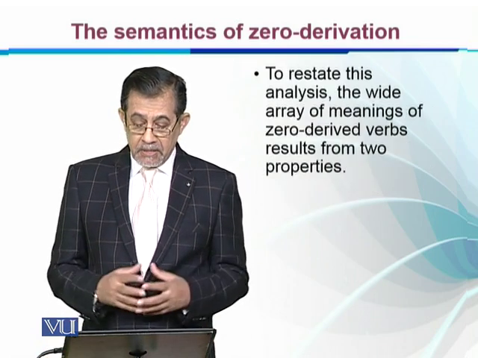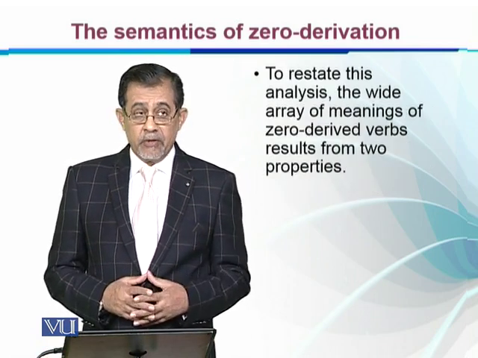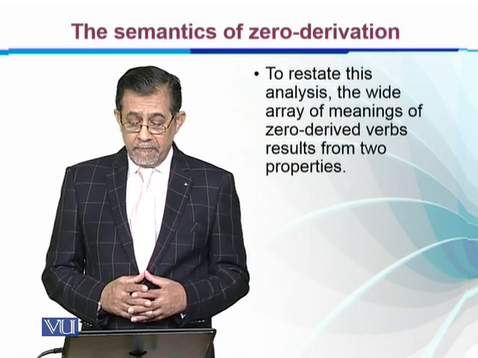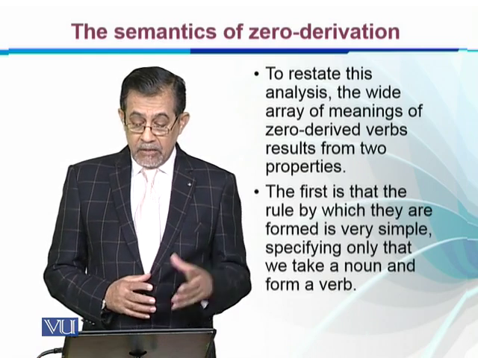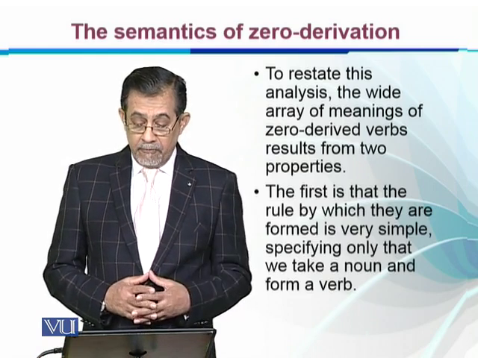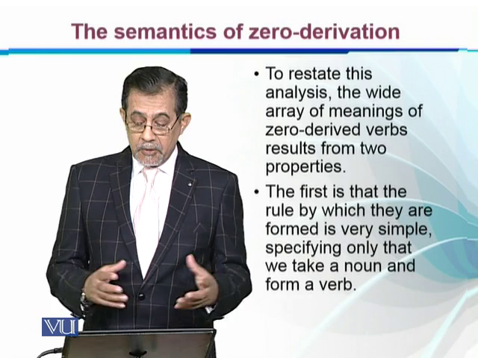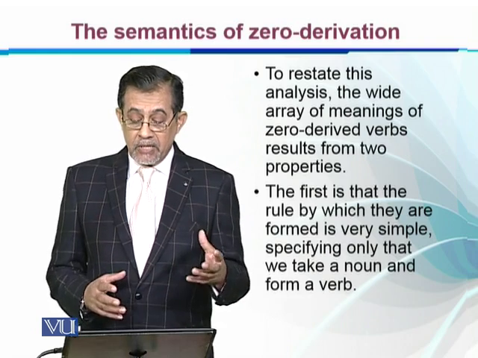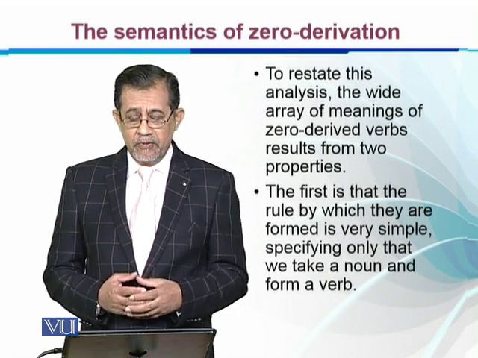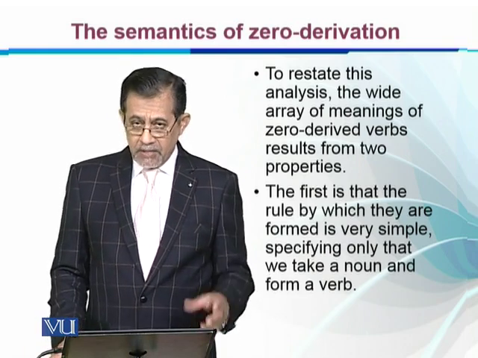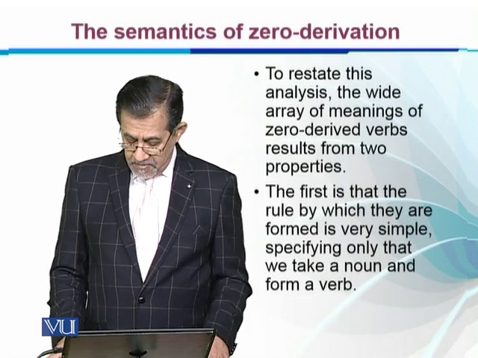To restate this analysis, the wide array of meanings of zero-derived verbs results from two properties. The first is that the rule by which they are formed is very simple, specifying only that we take a noun and form a verb. So, one of the two, very easy: take a noun and make it a verb.